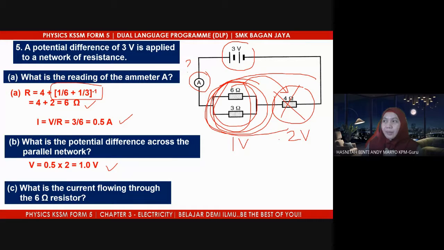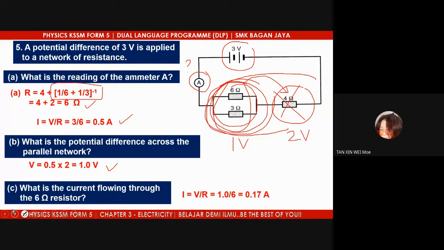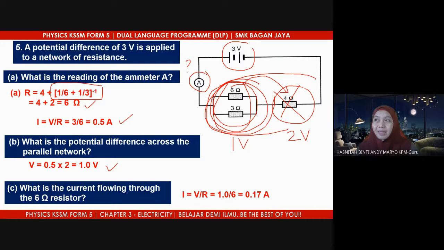So when you add 1 volt plus 2 volt will give you 3 volt. Combination you kena tengok. Cannot simply say this is 3 volt because we have another one here connected in series. Alright? So in this combination, the ammeter flows in the main current. Kalau you letak satu lagi ammeter di sini, the reading will be different lah.